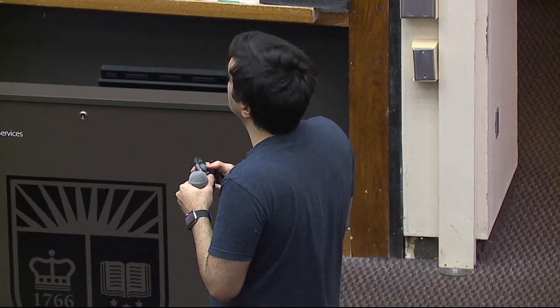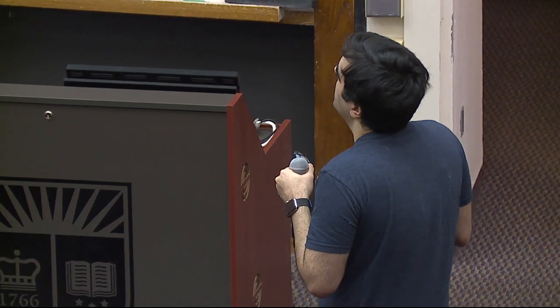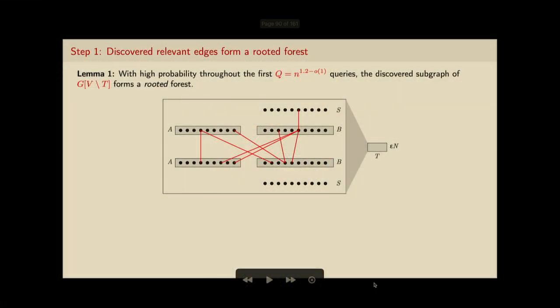The first useful lemma that we prove is that if the algorithm makes less than n to the 1.2 queries, which is the lower bound we want to prove, then the induced subgraph of the edges discovered by the algorithm in the core actually forms a forest. It's actually a directed forest, depending on the directions in which those edges were discovered.